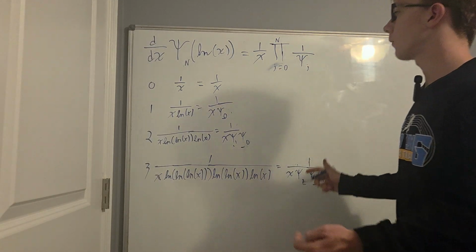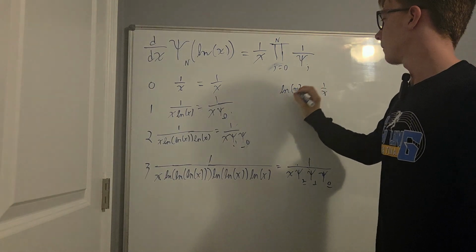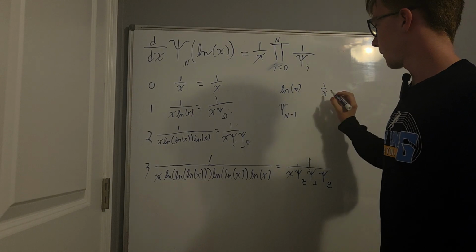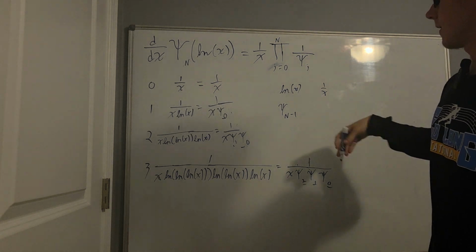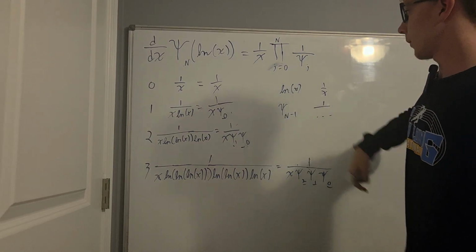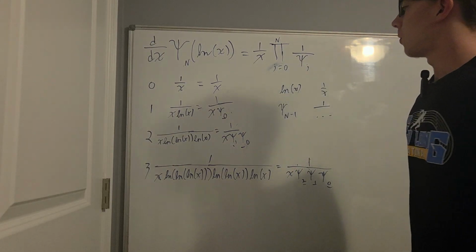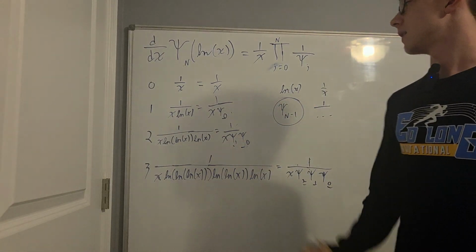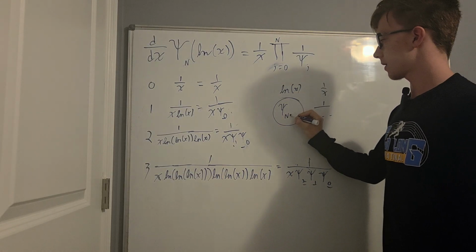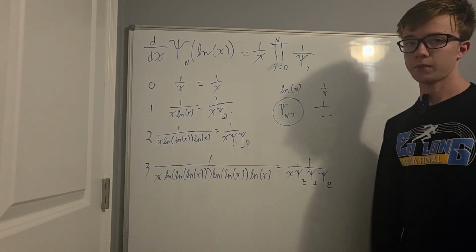And if you use chain rule right here, because we usually have ln of x, 1 over x, then we end up with psi of n minus 1, right? And the derivative of that is going to be the same thing, where we go 1 over all the way down with these. So every time, we're just multiplying in psi of n minus 1, right? So just by chain rule, you can figure this out that way.